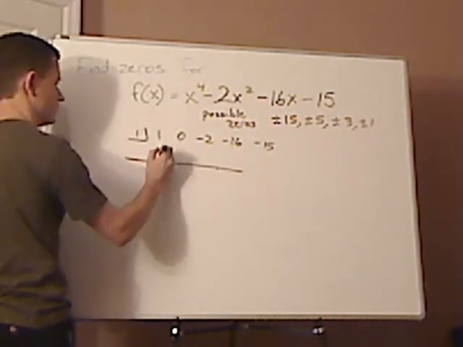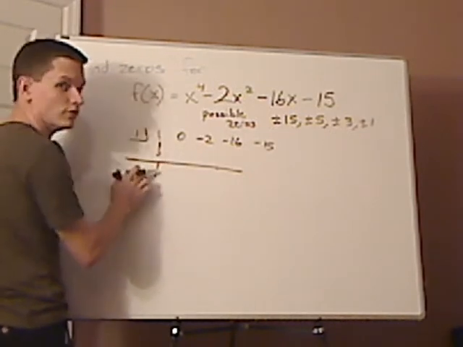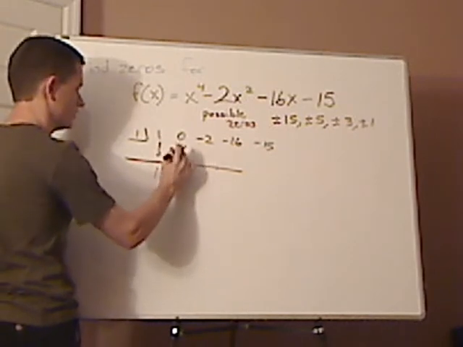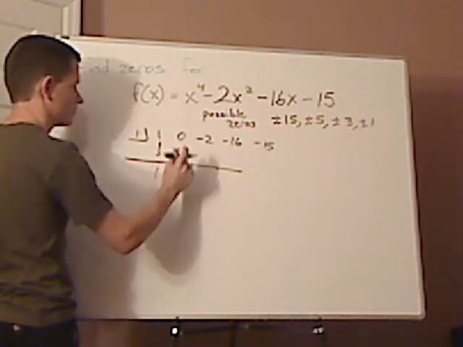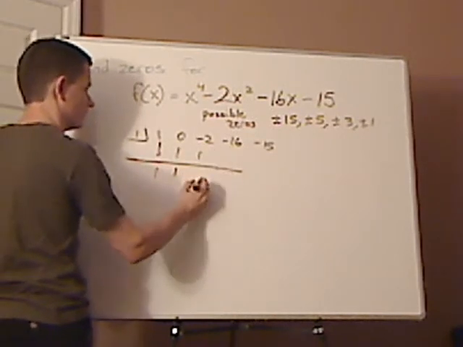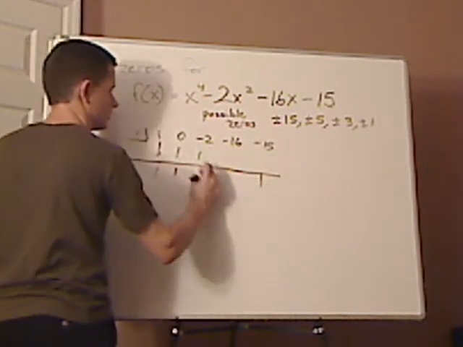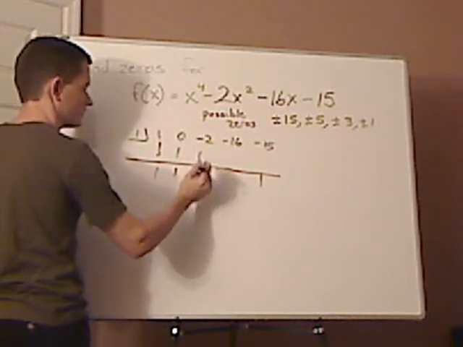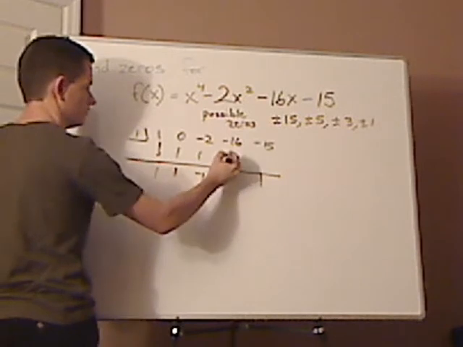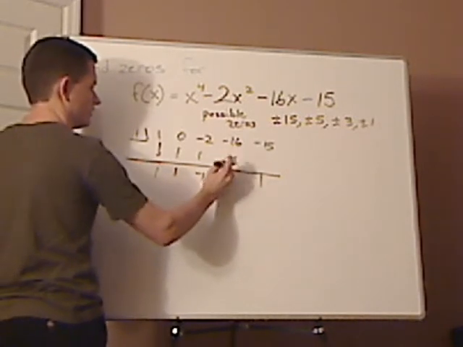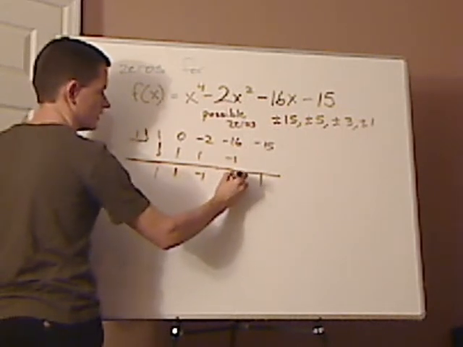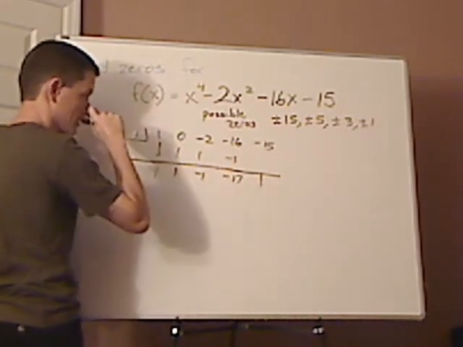So positive 1 goes down, if you remember synthetic division, and then it's 1 times 1, which is 1, and then add 0 plus 1 is 1. 1 times 1 is 1. Then this plus this is -1. Then 1 times -1 is -1. -16 plus -1 is -17.